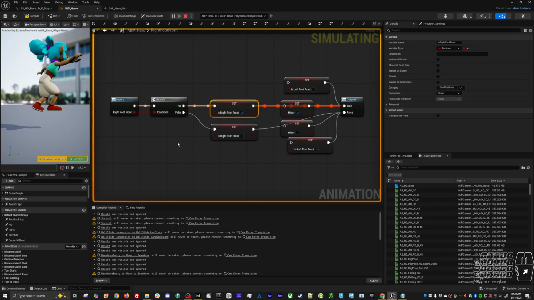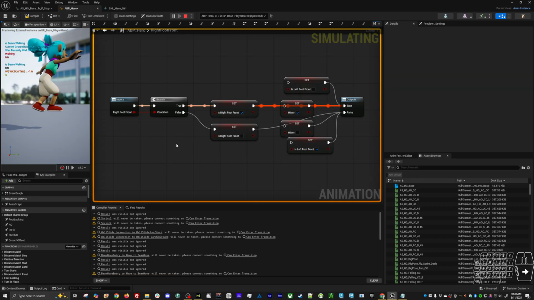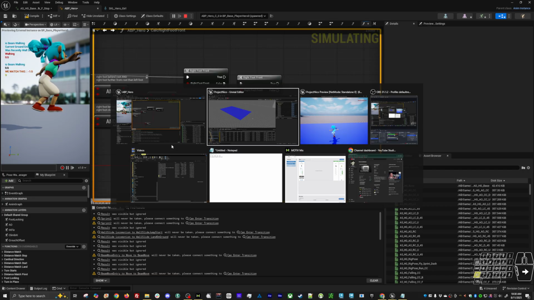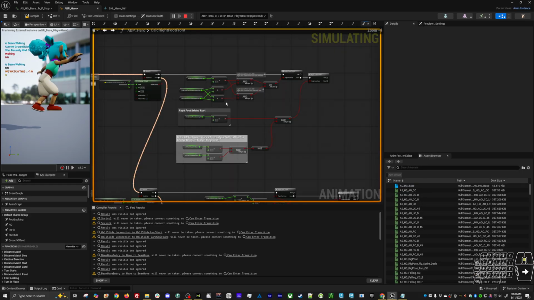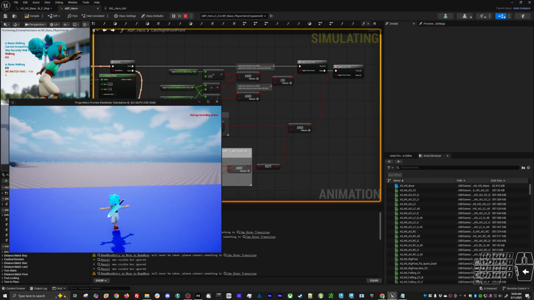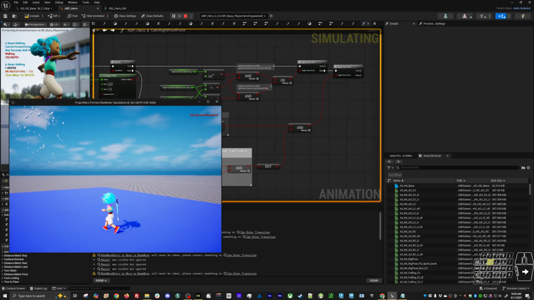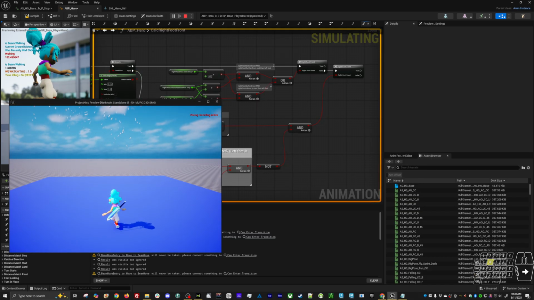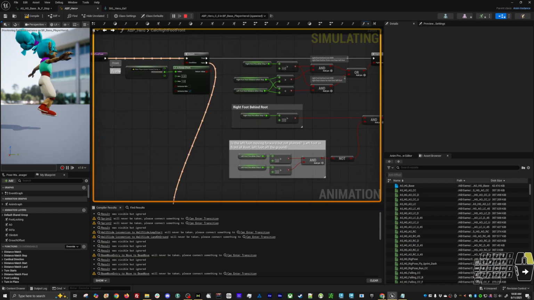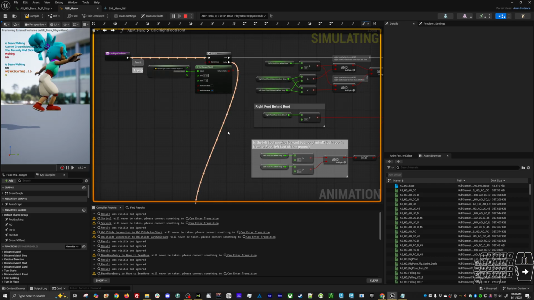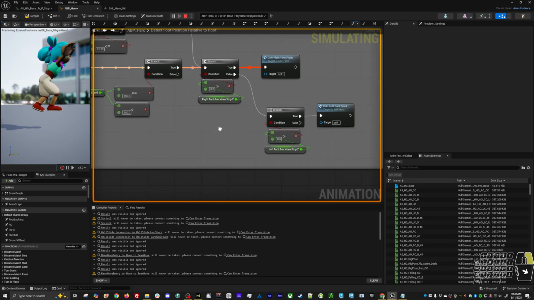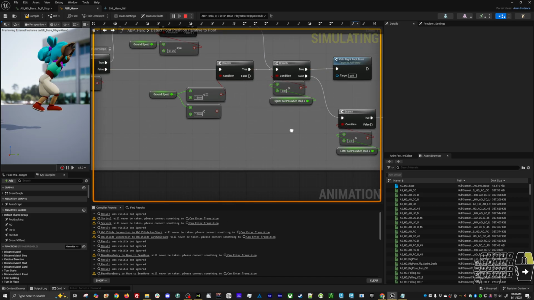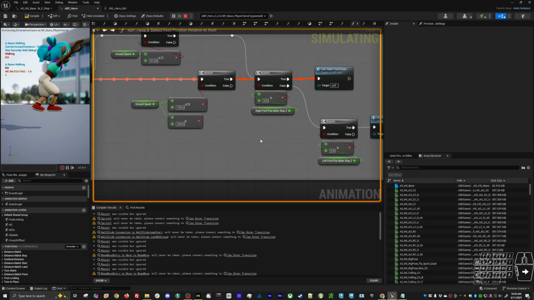So let's compile. Let's watch this graph, see what's happening. Oh, is this all when we're stopped? So we're here in this graph.